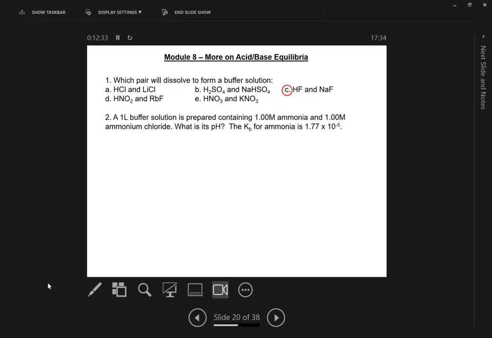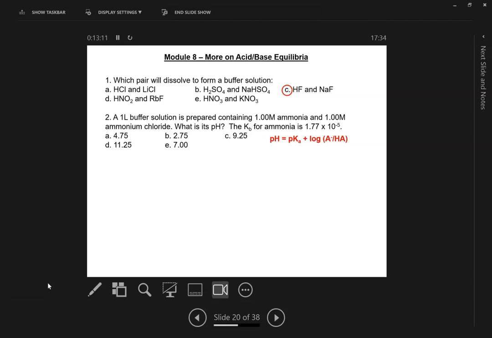All right, number 2, I have a 1 liter buffer solution containing 1.00 molar ammonia and 1.00 molar ammonium chloride. What's the pH? Well, for this, we can use our Henderson-Hasselbalch equation. Now, we know the Ka, in our case Kb, and we can take the negative logarithm of it to get pKb. Now the question is, what's A minus and HA? But if you look closely, you see that they're both 1 molar.